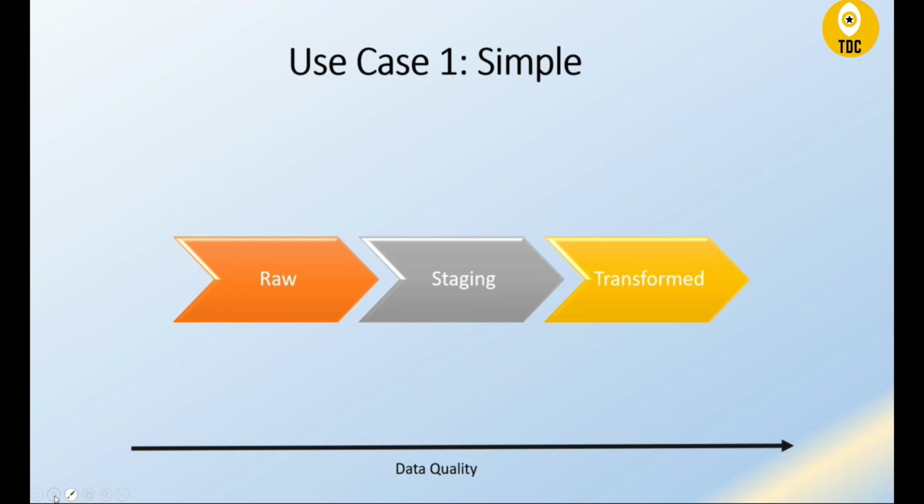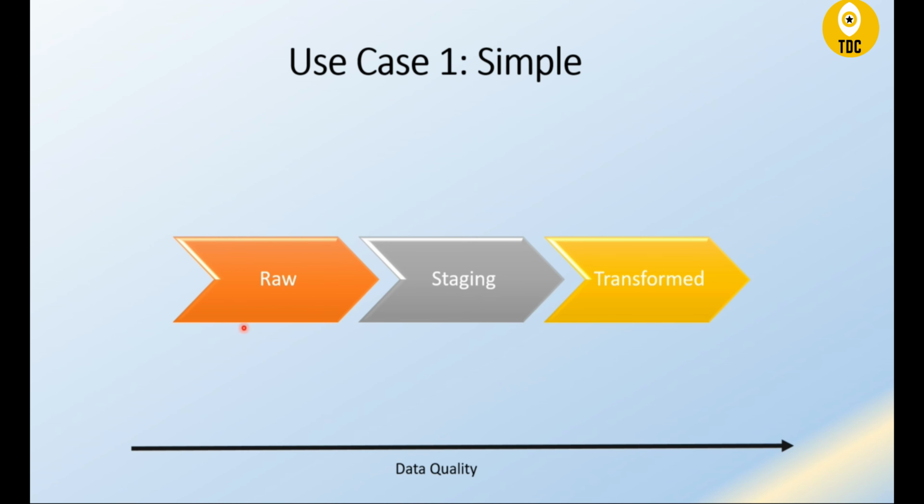But the important thing here is we are not using all these layers in all the projects. If you talk about enterprise projects, we might use all the layers in a particular project, but it is very rare, I would say. In enterprise level projects, you either use case one, which is very simple. As you can see here, you have a raw layer.